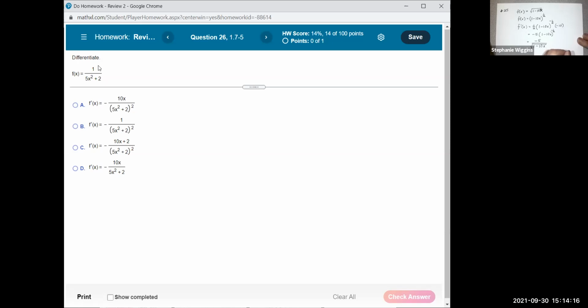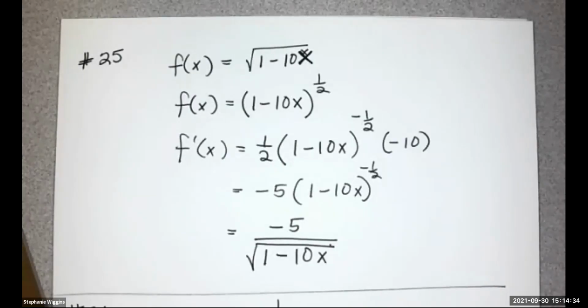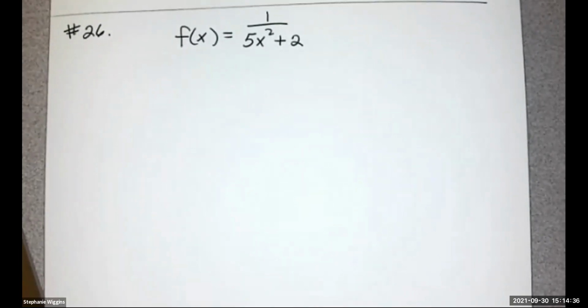So we have number 26 here that we're working on. And we have f of x equals 1 over 5x squared plus 2. So let me show you how I'm going to convert that into a power function.